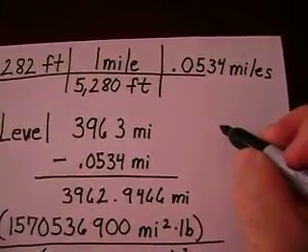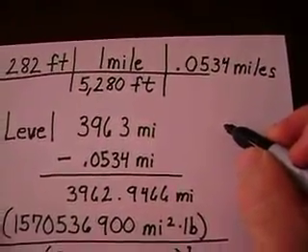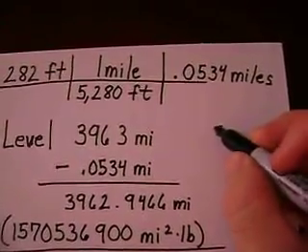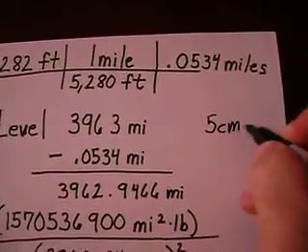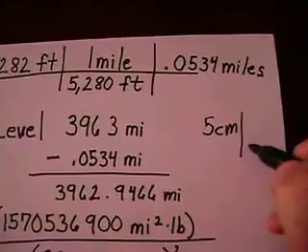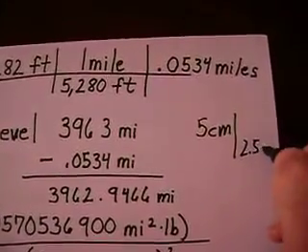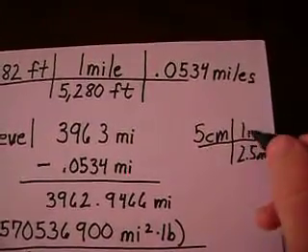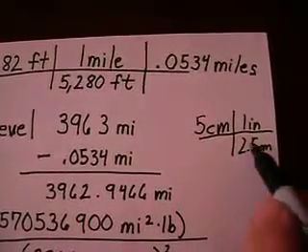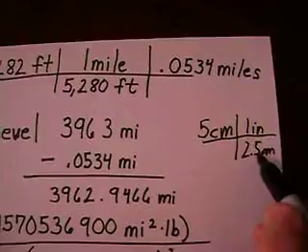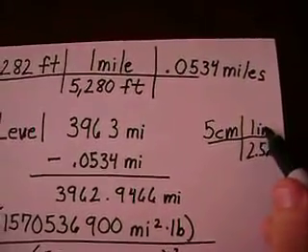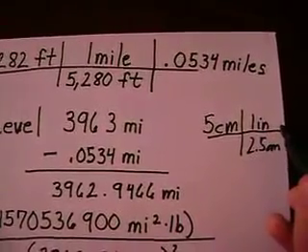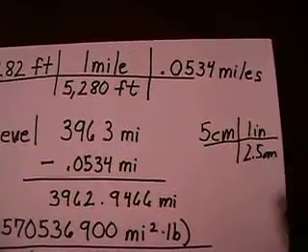If you're given 5 centimeters and you want to know how many inches, you take 2.5 centimeters, put that in the denominator, equals 1 inch. So that's 5 divided by 2.5 times 1, and that'll tell you that that's 2 inches.